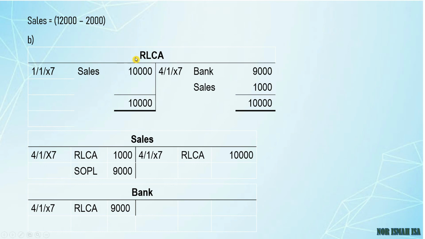So this customer is entitled to 1,000 discount, so the amount paid is 9,000, which will debit bank for the received amount 9,000, and credit receivable ledger control account by 9,000. So we have another 1,000 here that we have recorded as debit for receivable ledger control. So this one should be adjusted by debiting sales 1,000, and receivable ledger control we settle the debt by crediting this amount 1,000. So this receivable ledger control account will settle at zero balance.